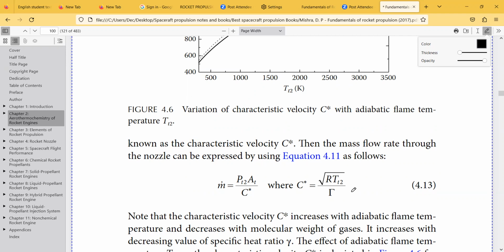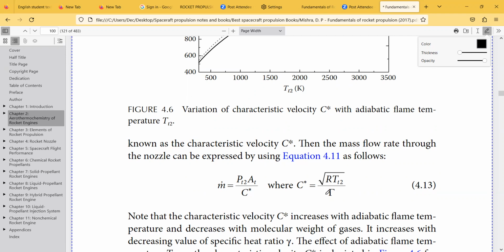So m dot is equal to Pt2 AT over C star, where C star is the square root of RTt2, the throat entrance, over this symbol. Can I call this symbol gamma?